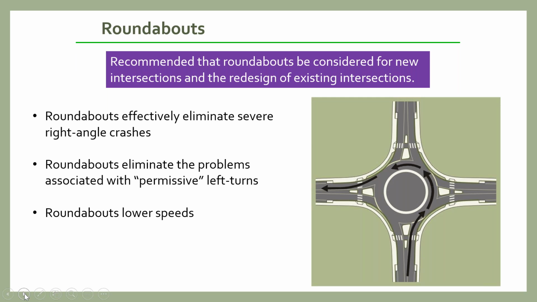But this time it's at a roundabout, and let's think about how the outcome may be changed. So first of all, the other vehicle in the circulatory roadway, the one that this approaching vehicle just runs into, is probably going slower because its speed is controlled by the diameter of the roundabout.